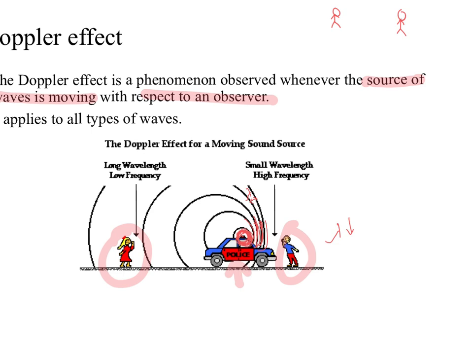Basically what you have is a wave that squashes as the car is approaching you. Now, the speed of the wave remains constant. And so since speed is equal to frequency times wavelength, if this is constant, then if the wavelength decreases, the frequency has to increase to keep the speed constant.